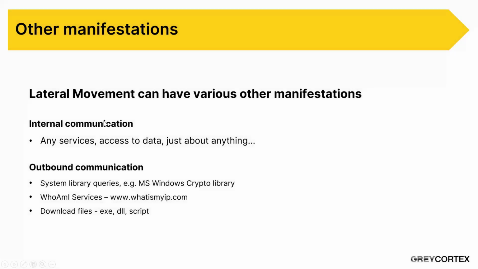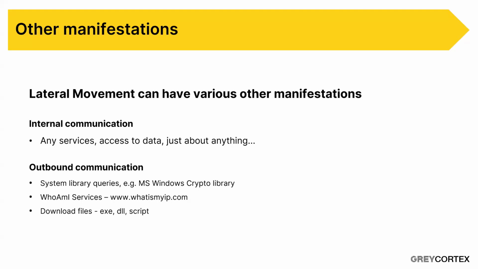Almost at the end of the presentation, lateral movement. So we showed you something. It's meant to have internal communication and access to data and everything, but you need to know if it's allowed, yes or no. And especially when lateral movement is there, but there is also outbound communication to get some strange libraries like the Spoolss dynamic link library, for example, or that kind of thing.